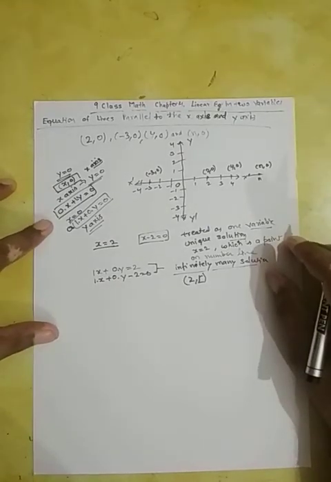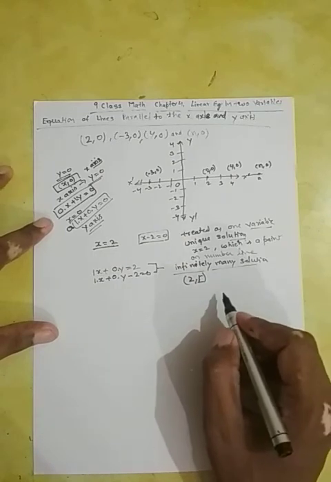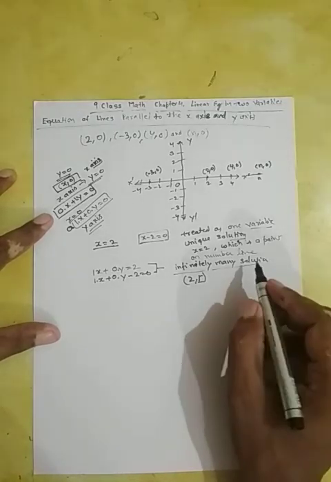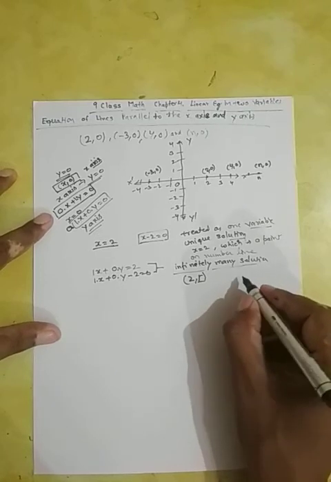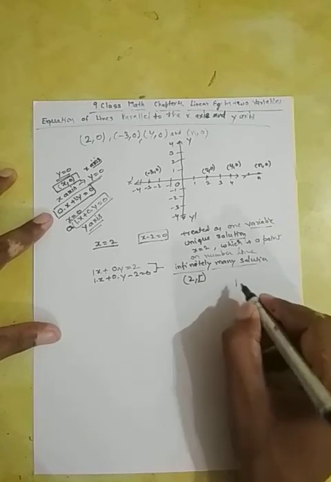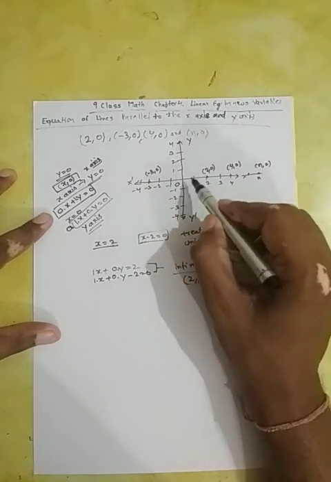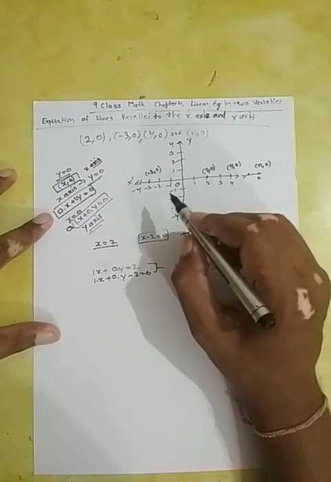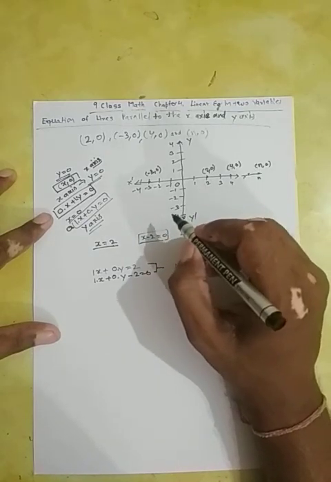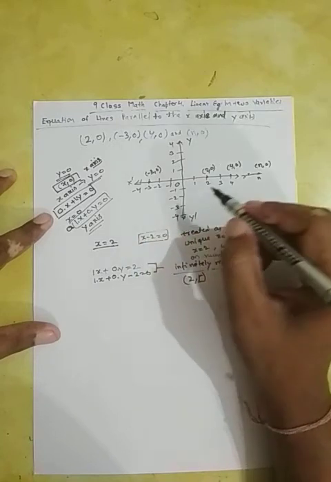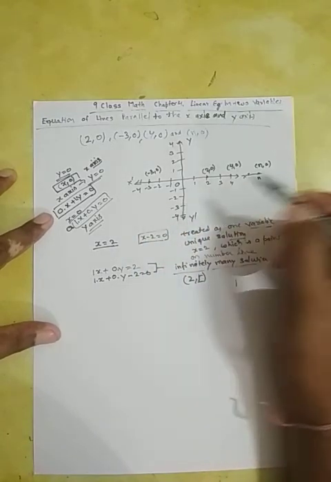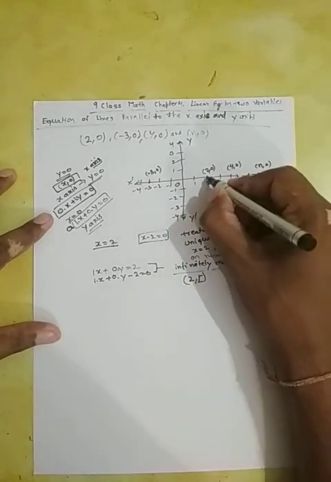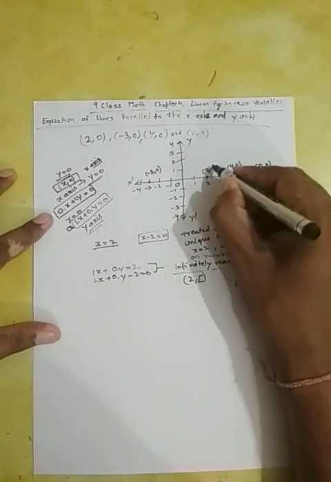Now we represent this in the graph. How? Suppose this is the x-axis and this is the y-axis. If we consider this as a one variable equation, then it is this point only.